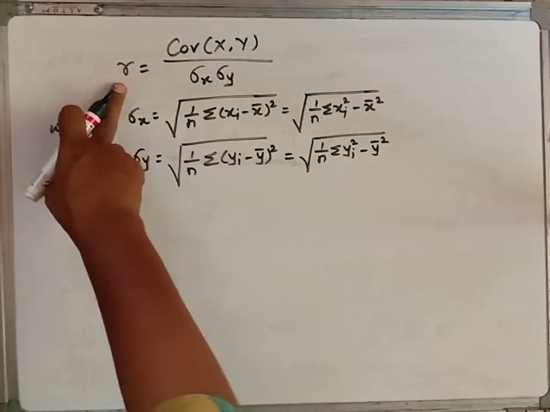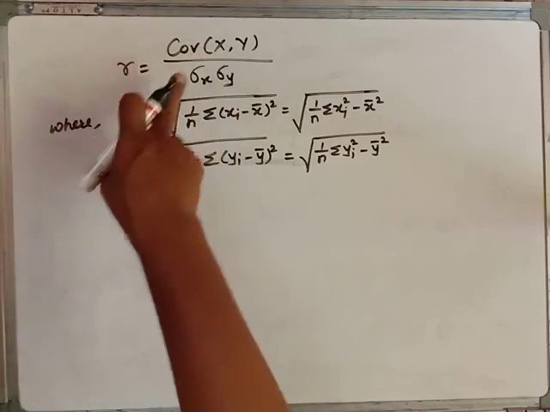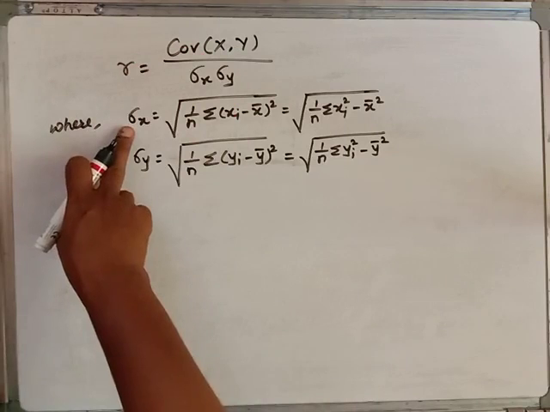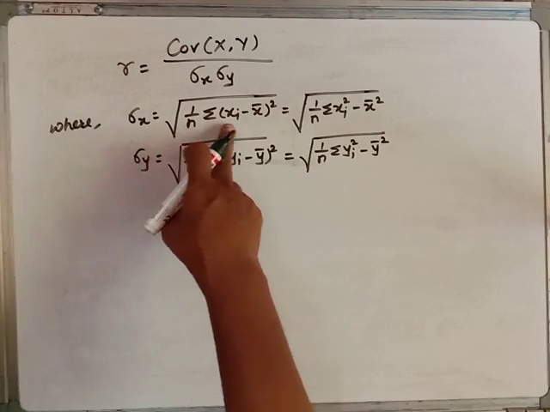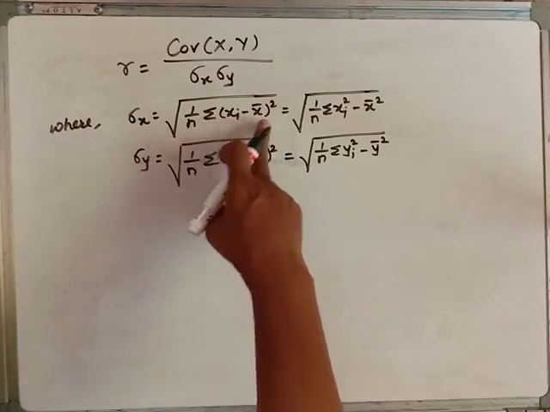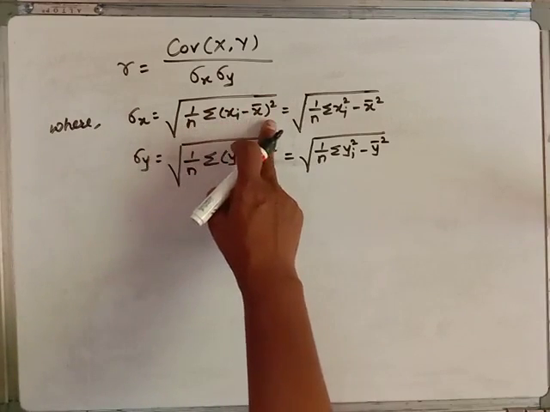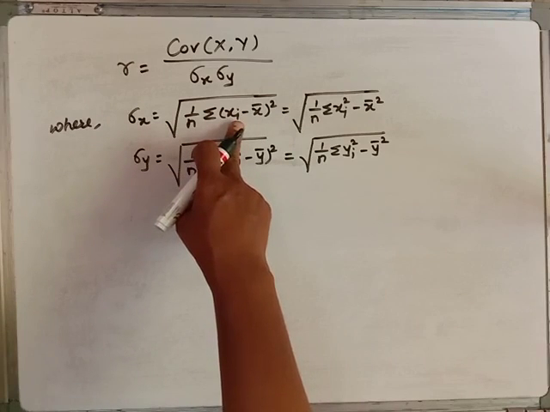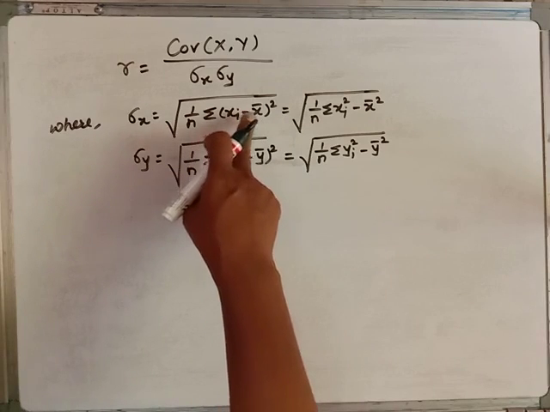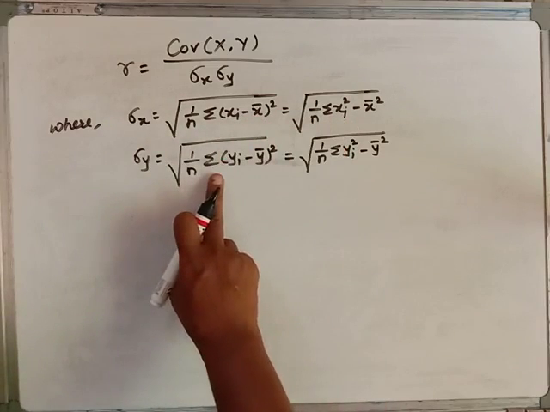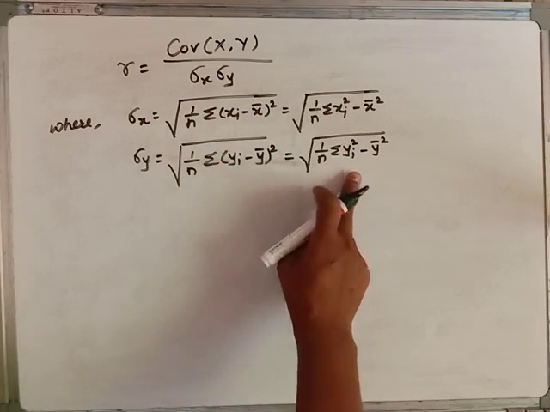We have R equal to covariance between x and y upon sigma x into sigma y, where sigma x is 1 upon n summation xi minus x bar square, meaning the positive square root of the arithmetic mean of the square of the deviations about their mean. It can be written as such. Similarly, sigma y can be written as such.